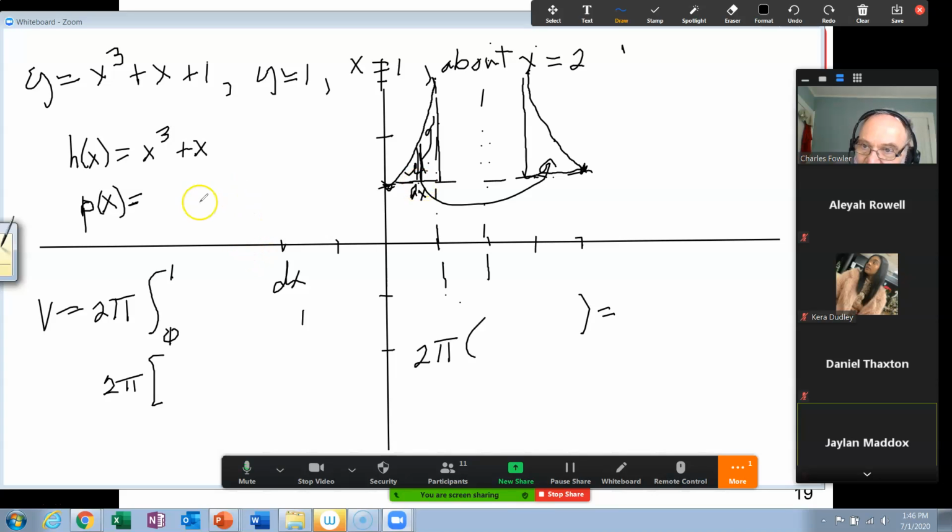Do you see that? The radius is 2 minus x. I don't need the parentheses there, but the radius is about the line x equal 2, and 2 minus x would be that radius. 2 minus 0 would be, whoa. That's not right.